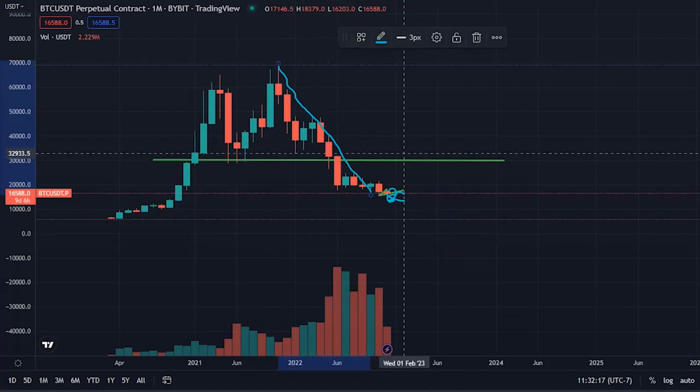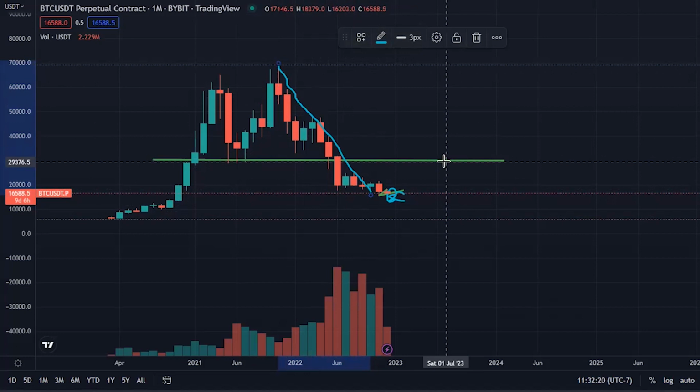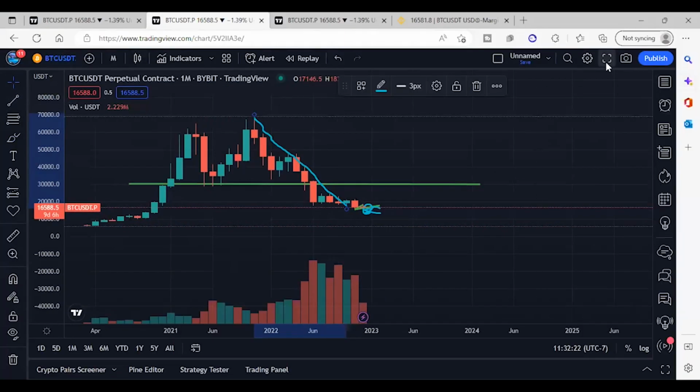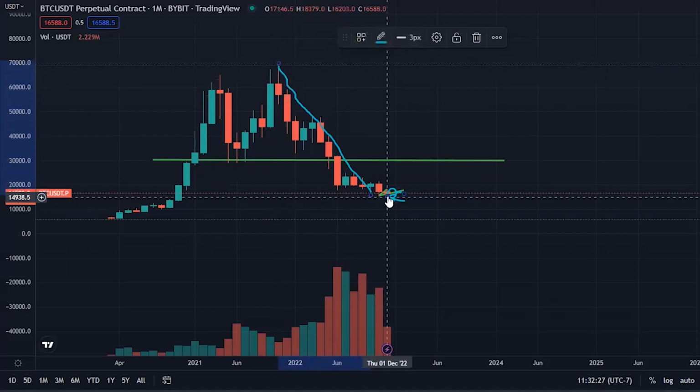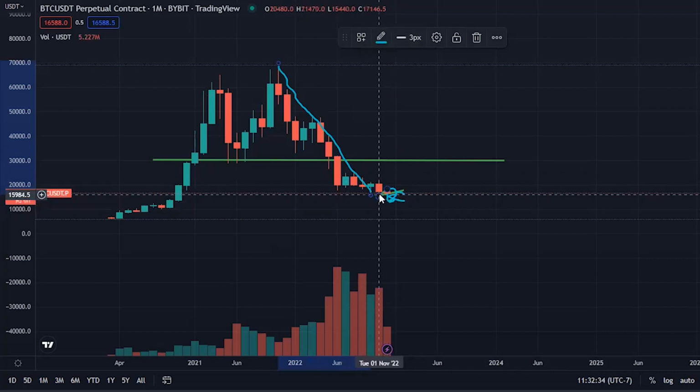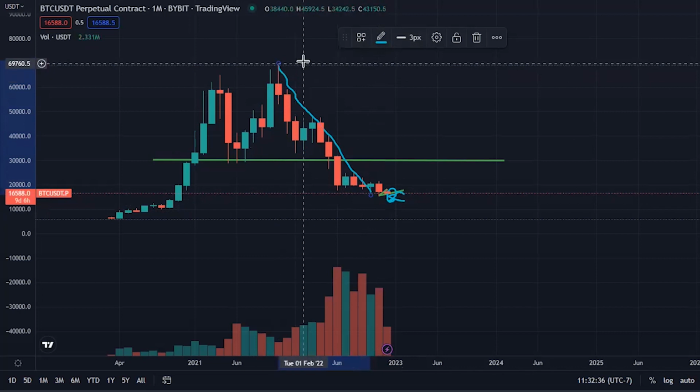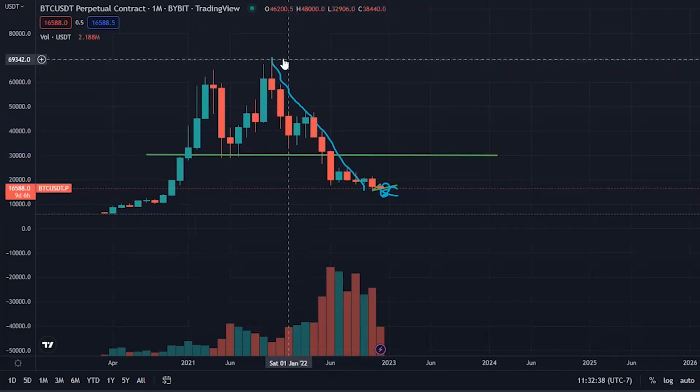Now, how did you know this? It's pretty easy, right? Because you can clearly see that the price has been falling. Bitcoin is currently at 16,588, and up here, when it was up here, it was like 69,000.